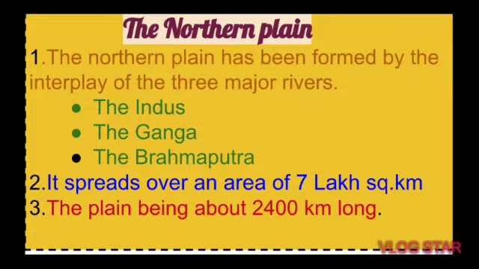And 70% of the population is living on the northern plains because of sufficient water facilities and suitable climatic conditions for agriculture. It spreads over an area of 7 lakh square kilometers, the plain being about 2400 km long.